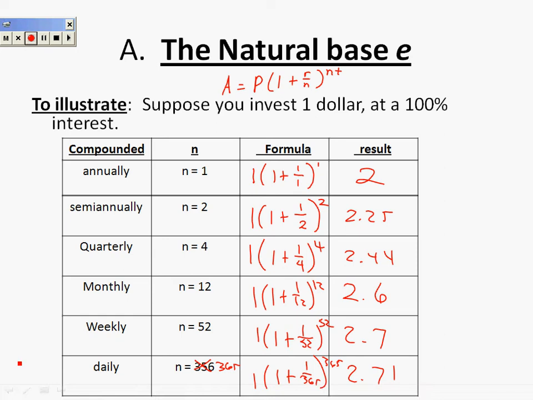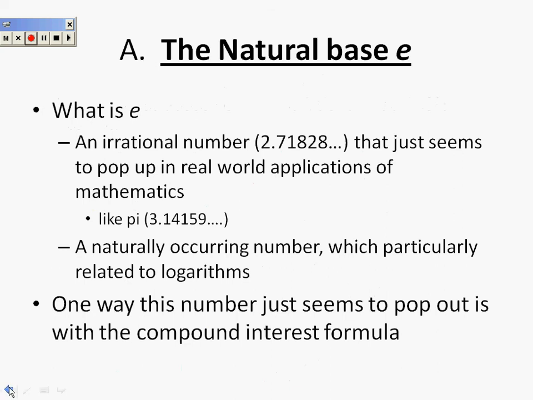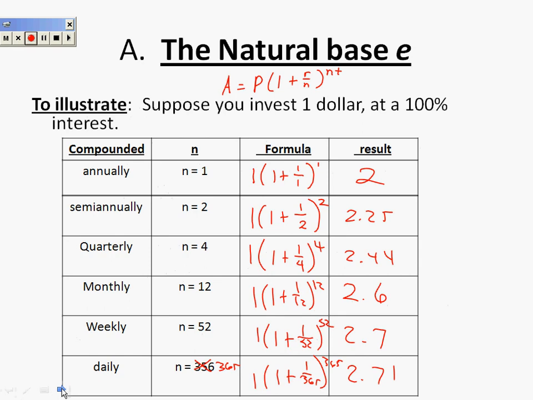Probably doesn't look familiar because we've seen it a few minutes ago, but look: 2.7182. The bigger n gets, the closer you get to that exact number. In fact, if you let n go on to infinity, it would equal exactly that. And that's one way that e just kind of seems to pop out in our math.